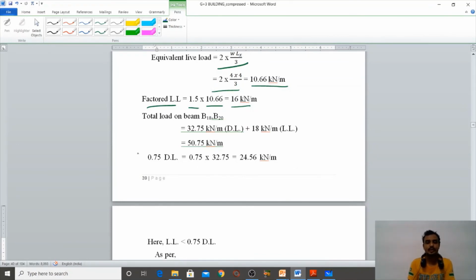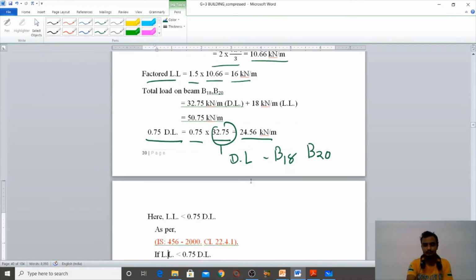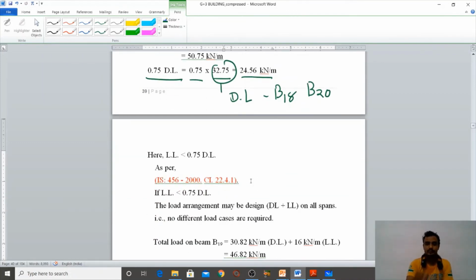Right now we are going to calculate 0.75 dead load. 0.75 into 32.75, where 32.75 is the dead load on beam 18 and beam 20. So 0.75 into 32.75 gives a load of 24.56 kN per meter.